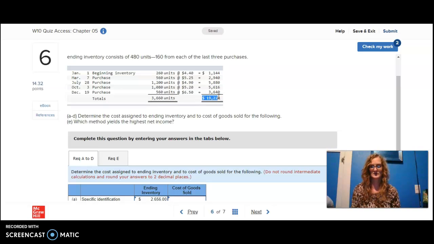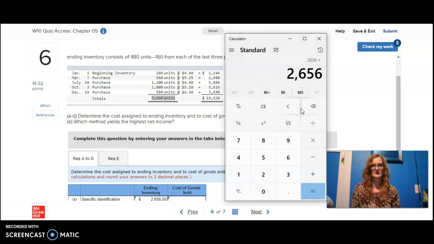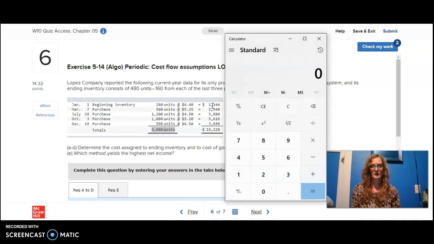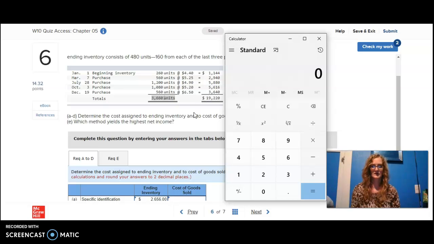So divide this number by this number, and that'll give you the average price per unit. Take your cost, this column, for me that's 19,220 divided by 3,660, which gives me a unit price of $5.25 each.